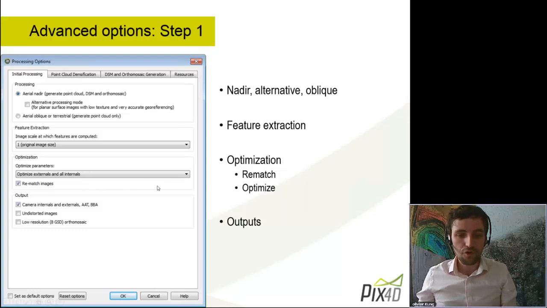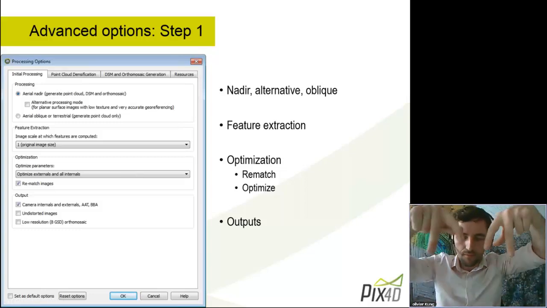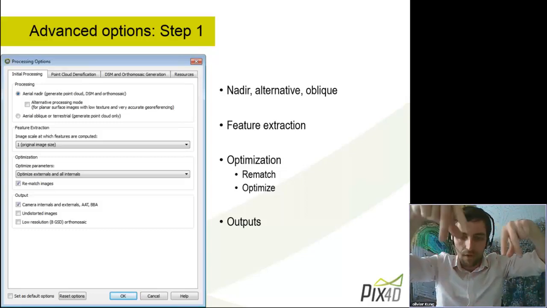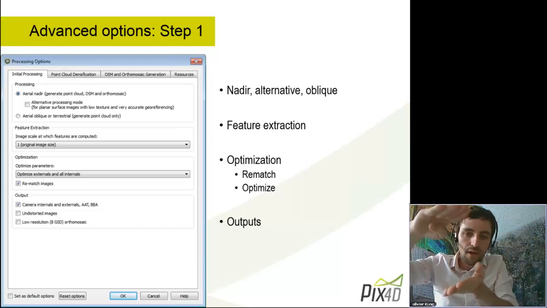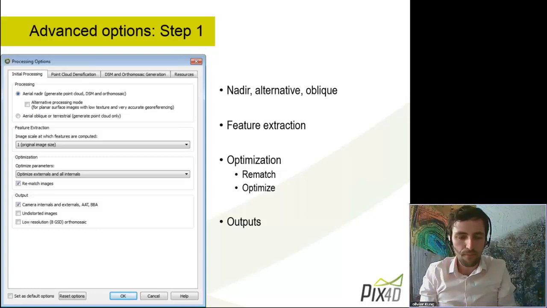Then there's the tab called optimization. There you have two main options. One is about which parameters to optimize, and the other about rematching images. The optimized parameters are about what the software is going to try to find for each camera: the real position and orientation, as well as the focal length and all the parameters of the lens and so on.